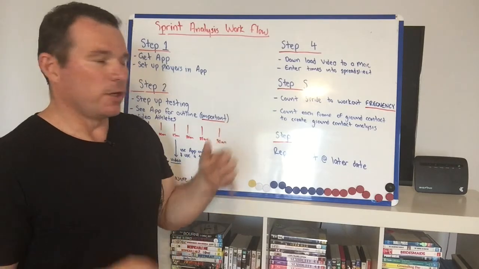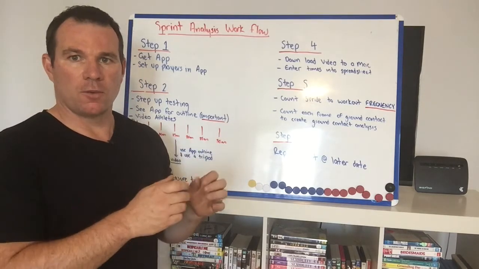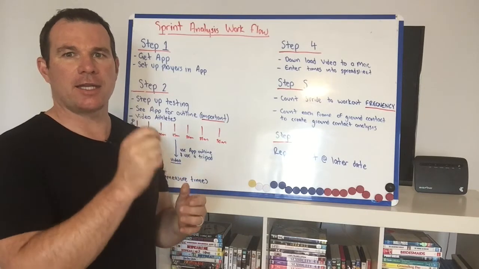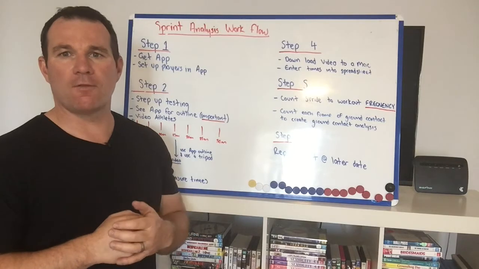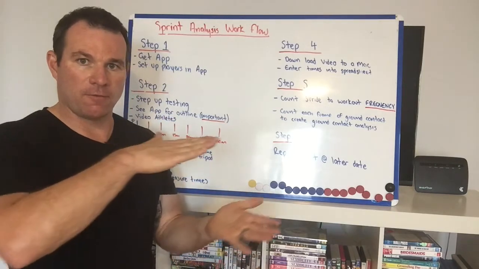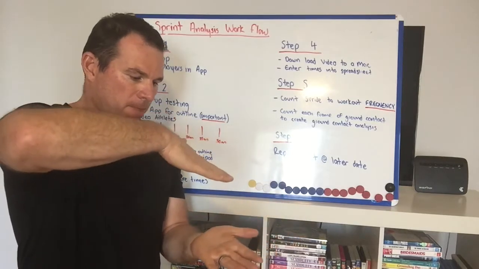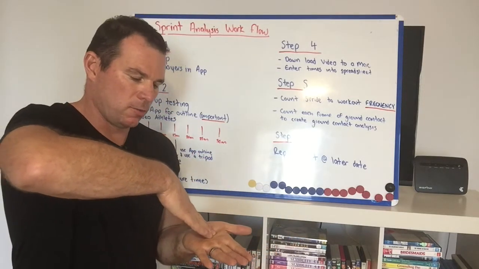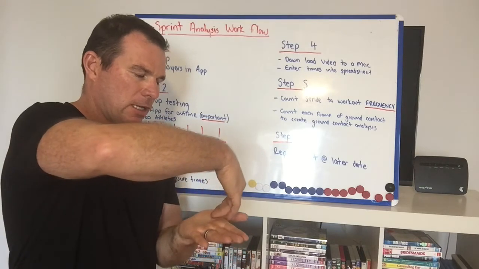Now, what you do from there is you go to the video that you've downloaded on the Mac and you can actually count each individual frame of foot contact time. So just say we're looking at the first foot contact, as soon as it touches the ground to coming through and leaving.